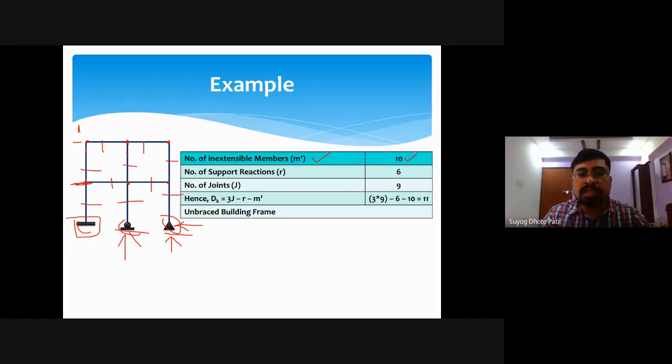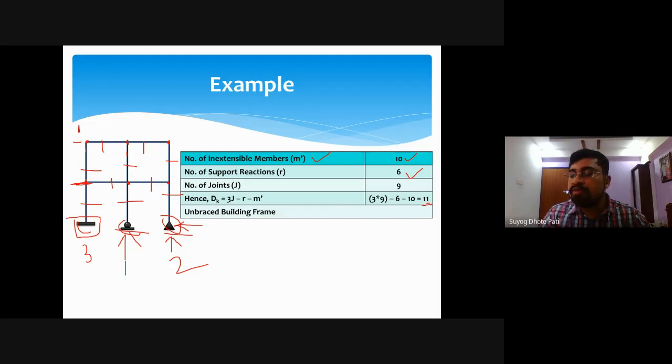The number of support reactions is 6: here 3, here 1, and here 2, so 2 plus 1 plus 3 is 6. The number of joints is 9. So applying dk equal to 3j minus r minus m dash, it comes to 11.